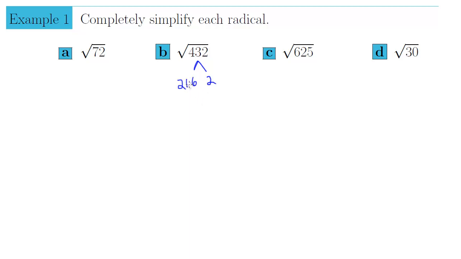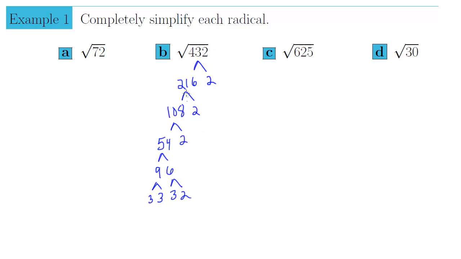Because 2 times 216 will give you 432. And then 216 you can break down with a 2 again. And that'll be 108. And then this guy you can break down with a 2 again. And then 54 breaks down. And you have a 3 and a 3. And a 3 and a 2. So there's my factor tree for 432.